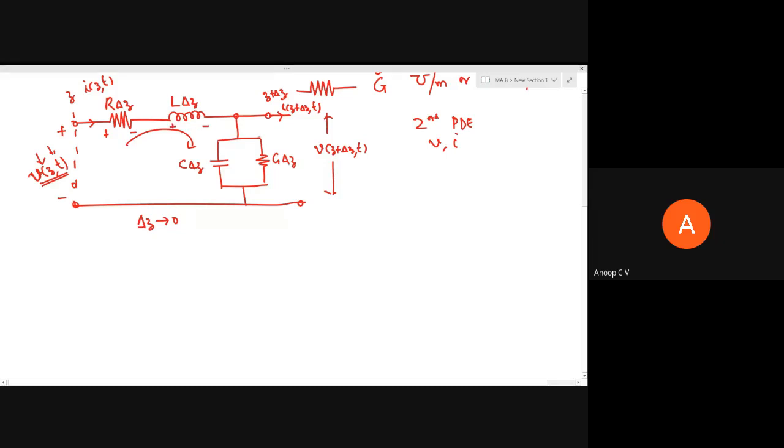The voltage across this entire combination is V of z plus delta z comma t. With those things in mind, I'm going to apply KVL, which is where I'll start my derivation. So how to write the KVL equation? In this case, only this is a voltage gain.